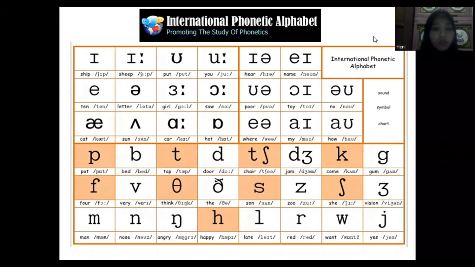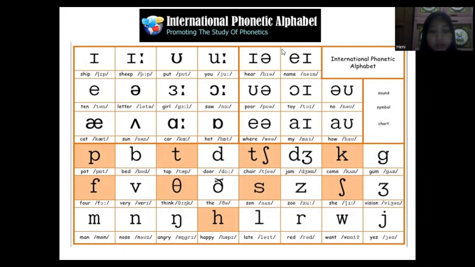There is only one lateral consonant in English, which is the L sound. The example is late. There are three median consonants. First, R. The example is red.